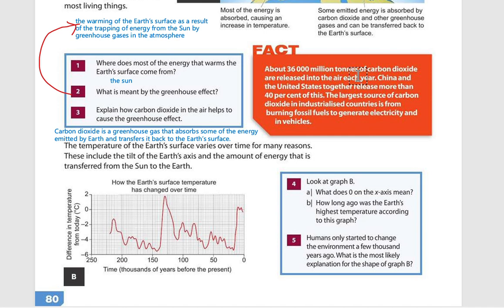The largest source of carbon dioxide in industrialized countries is from burning fossil fuels to generate electricity and in vehicles. So you can see vehicles are, of course, used in almost every country.